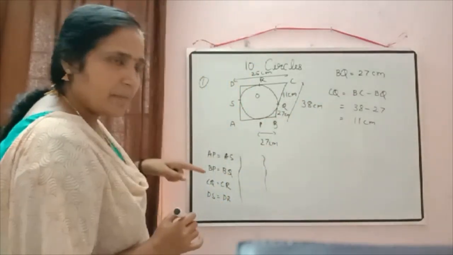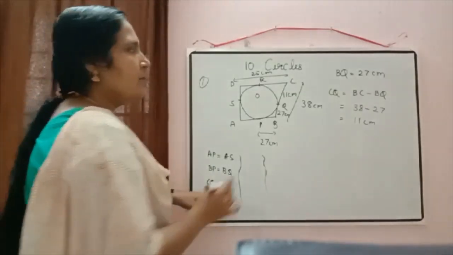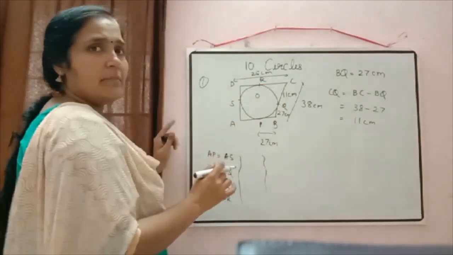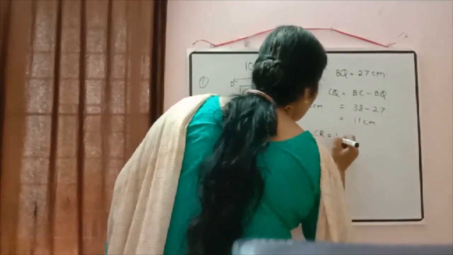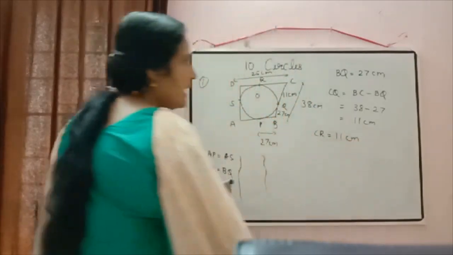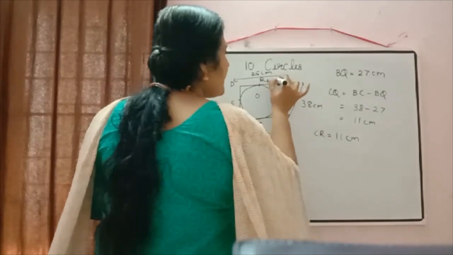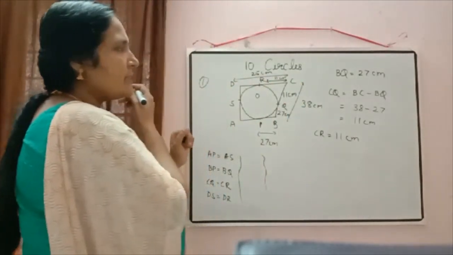Now we'll use the property of tangent again. CQ is equal to CR. So if CQ is equal to 11 centimeter, then CR also will be equal to 11 centimeter only. We can write down CR is equal to 11 centimeter. CD is equal to how much?